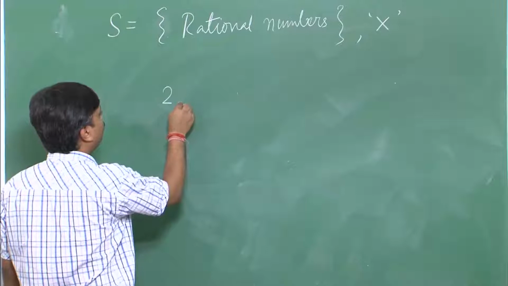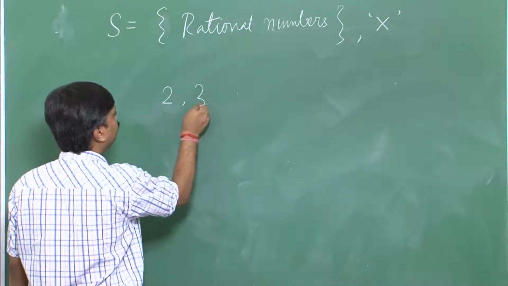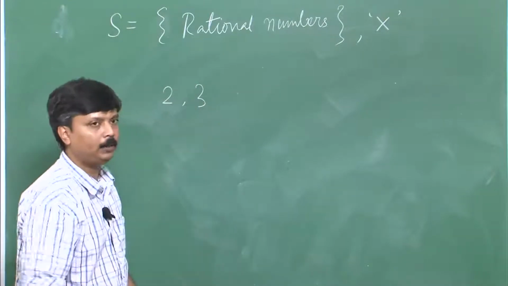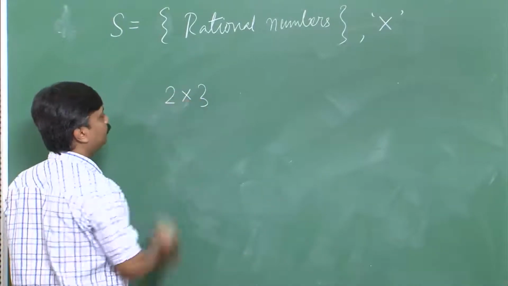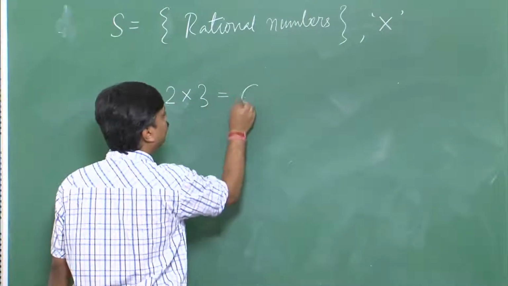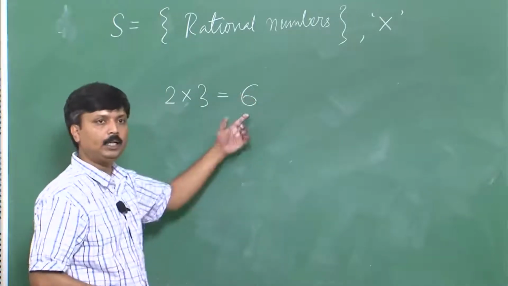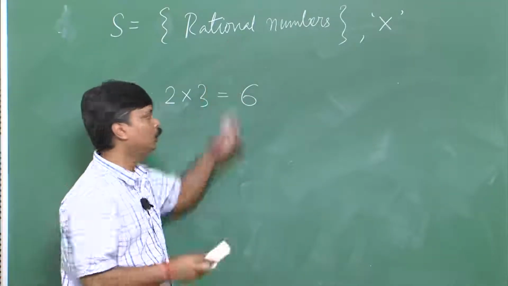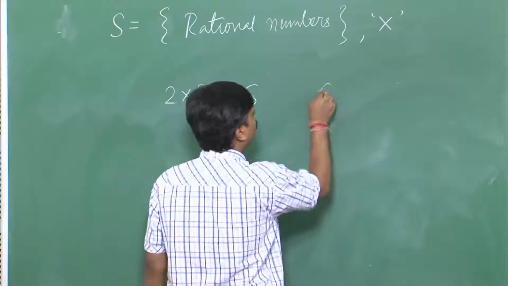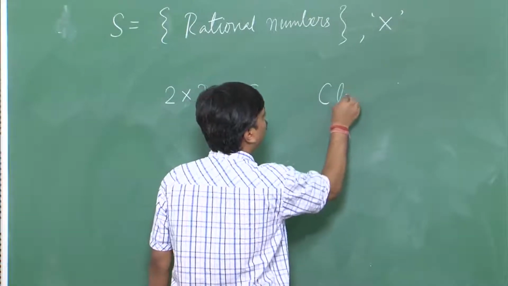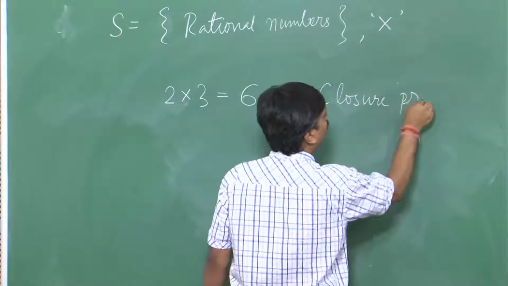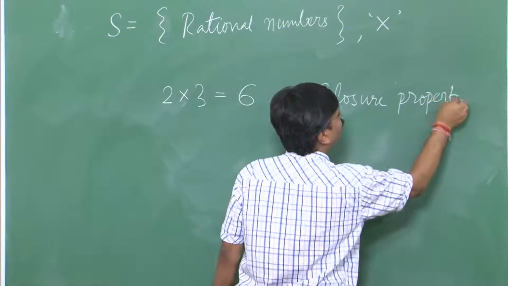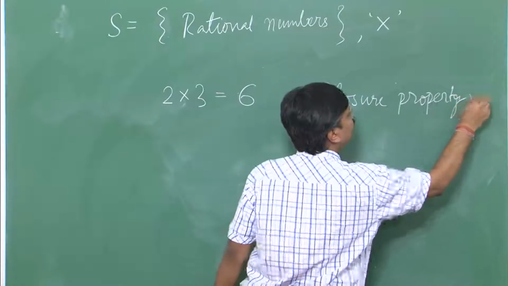So I take 2 and 3 and then see if all these properties hold. So 2 and 3, if I combine, will give me 6. 6 is also a rational number, so it belongs to this set. So I say closure property is satisfied.